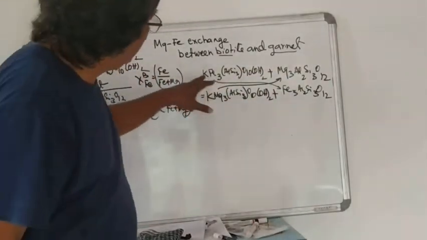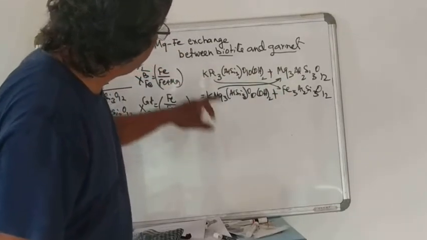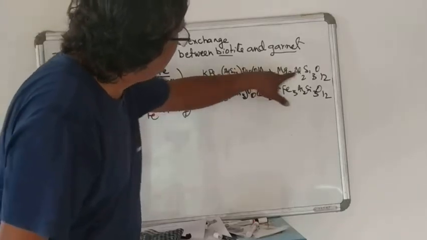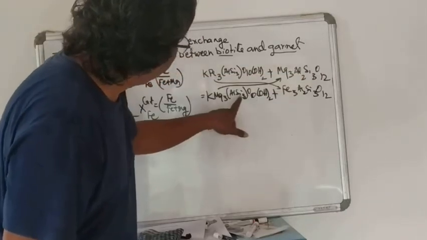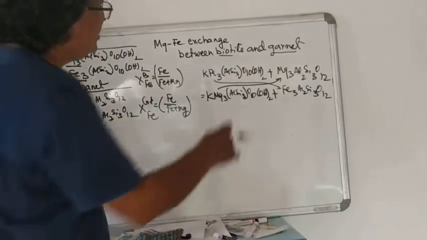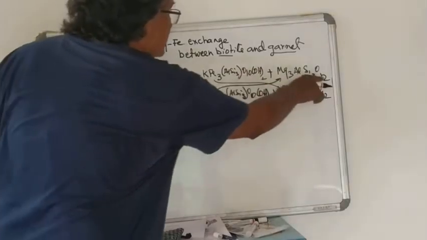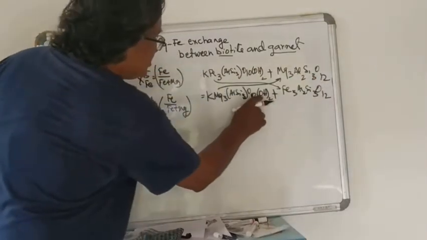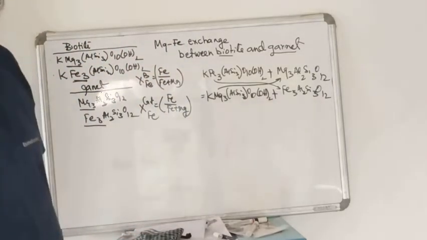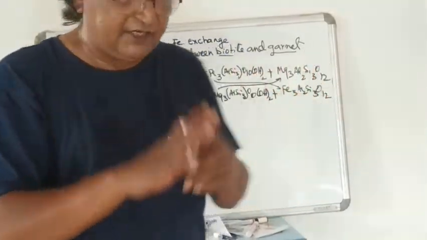Here you see 3 iron, 3 magnesium, 1 potassium, 3 silicon plus 3 silicon, 6 silicon. Here it's 3 silicon plus 3 silicon, 6 silicon. If you take oxygen, here you will see oxygen is 2 plus 10, 12, plus 12, 24. Here you will see 2 plus 10, 12, plus 12, 24. So all elements are balanced. All elements are conserved within the reaction.